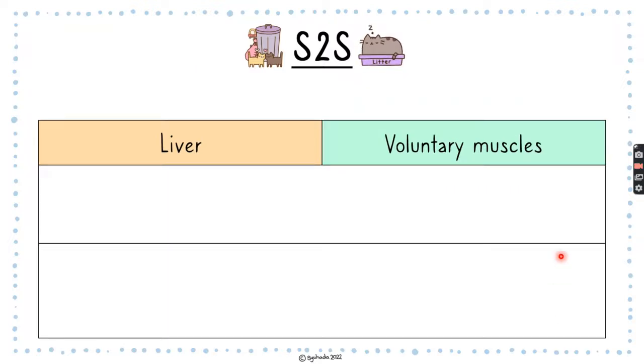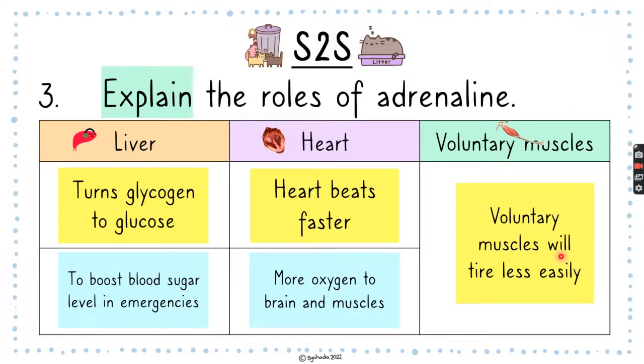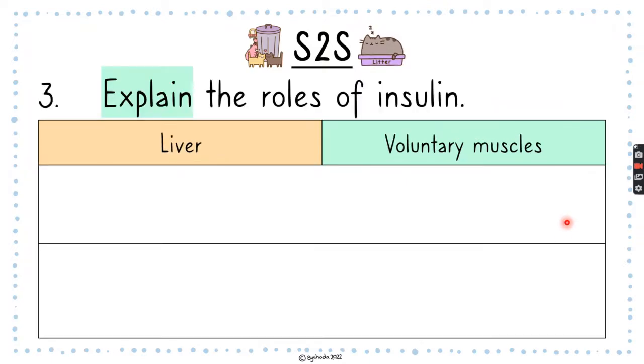Remember, your examples of emergency situations include competitive events, examinations, a heated argument, and being chased by a dog. That is actually a legit example you can write down.